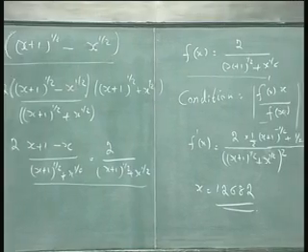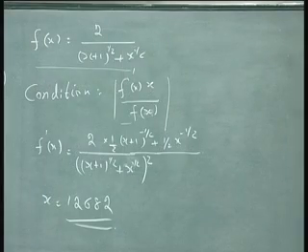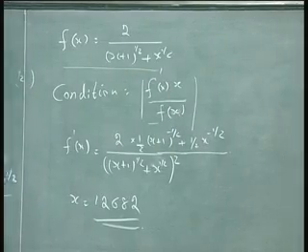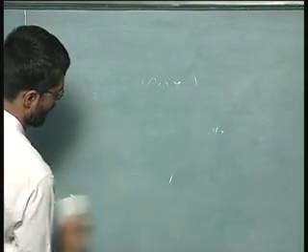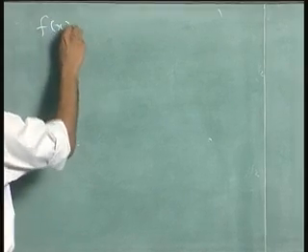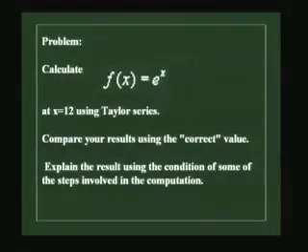Another problem which we discussed, which also is to be carried out, is to look at the function f of x, which is e to the power of x, and then use a Taylor series for this, for large x.